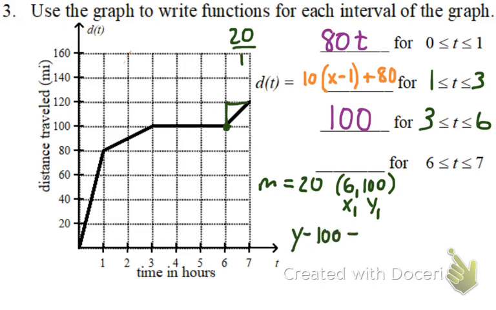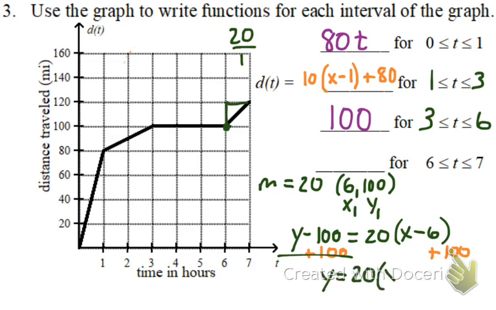Substitute into point-slope, we'll have y minus 100 equals 20 times (x minus 6). We'll add 100 to each side. And so we'll have y equals 20 times (x minus 6) plus 100.